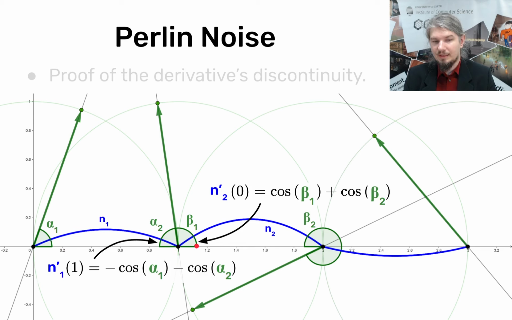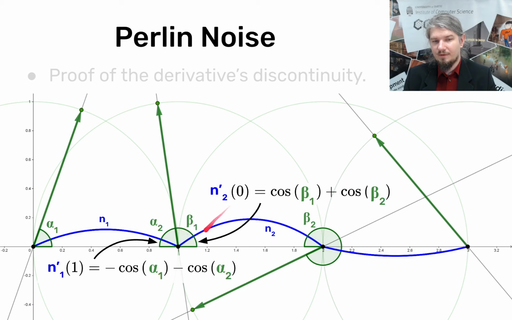Now on the other side, we have the derivative at 0. The derivative at 0 was just c3, the cosine of one angle plus the cosine of another angle. But here we're using the angles between the gradient and these direction vectors, these angles beta here.